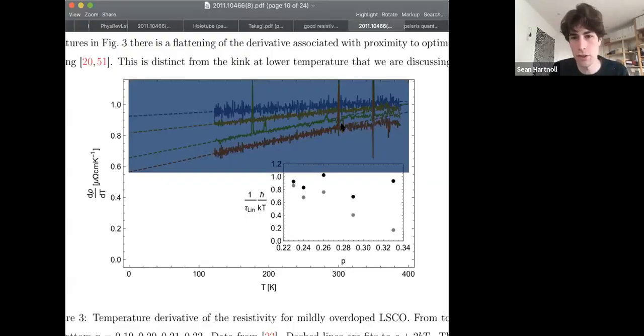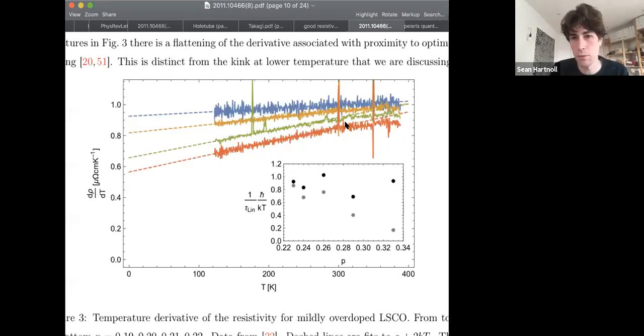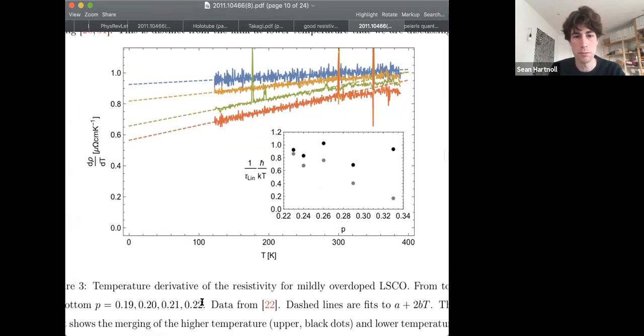This point, this is not the crossover here. This point here, where it's flattening, that's more like you're actually entering a pure T-linear regime. And what I'm showing here is there is no feature here. So by the time you get to 0.22, that's here, there is no feature.